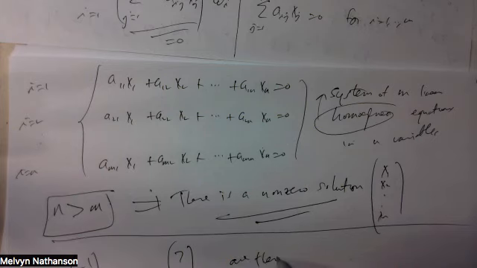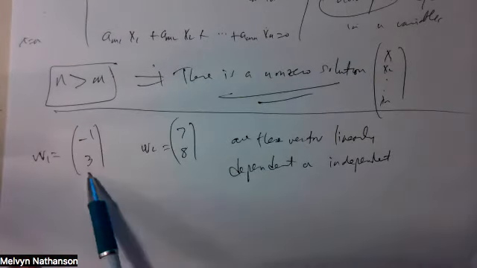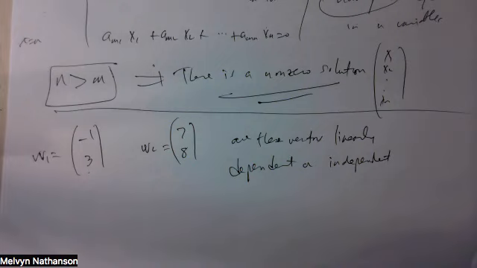Decide if these vectors are linearly dependent or linearly independent. Professor, can you put the paper up a little bit? Yeah. Thank you. So (-1, 3) and (7, 8). And I'll pause the recording for a moment and give you a chance to solve the problem.